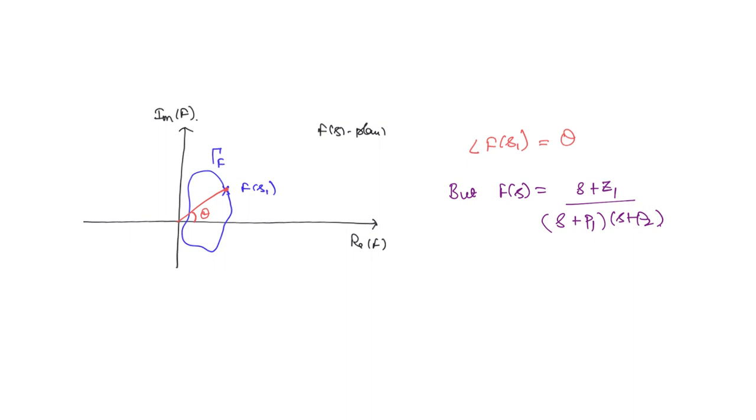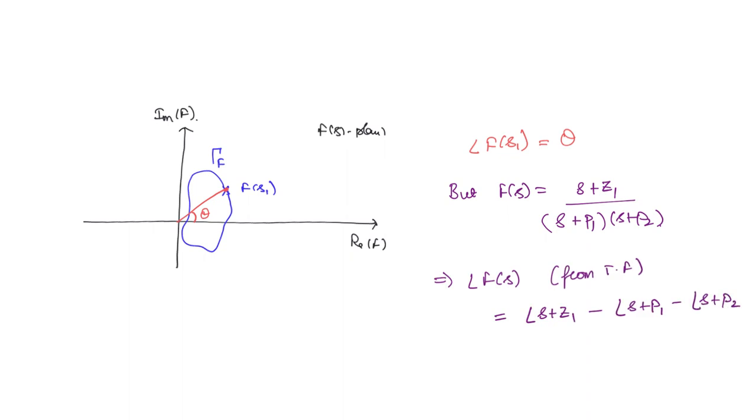So from here we can get the phase of f of s from the transfer function. So what will this be? Angle of s plus z1 minus angle of s plus p1 minus angle of s plus p2.